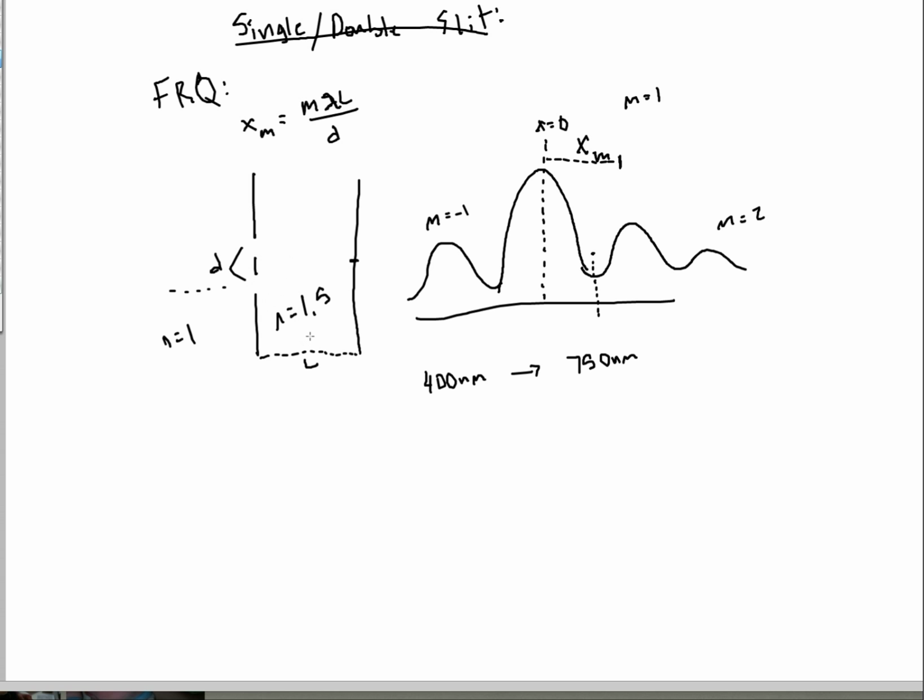And if the velocity changes, then so must the wavelength. Now, the equation for frequency is my velocity divided by my wavelength. And so if you decrease the velocity, then you must decrease the wavelength also in order to keep f the same. So that's a possible double slit type problem.